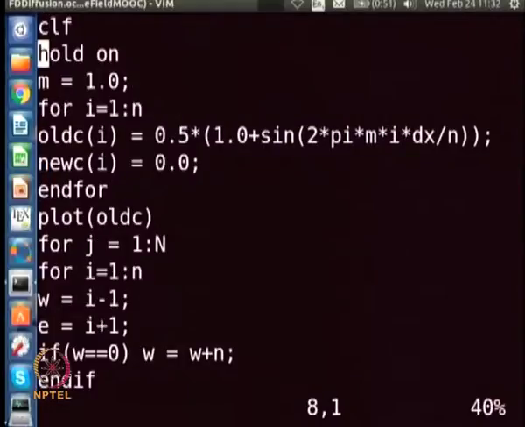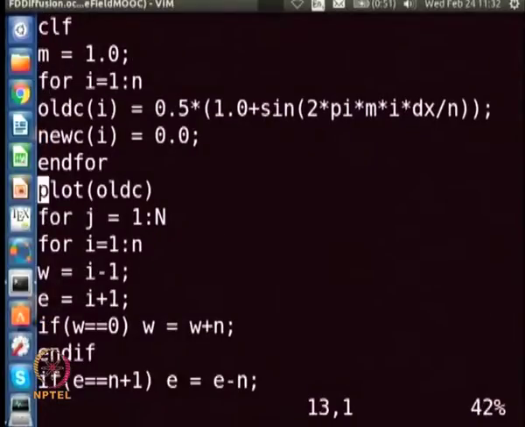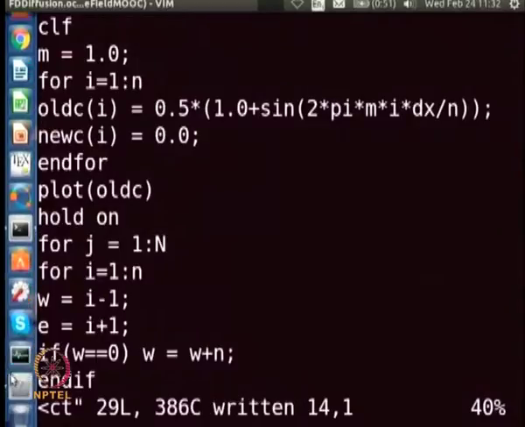So, I am going to put the hold on here. So, let me rerun again.